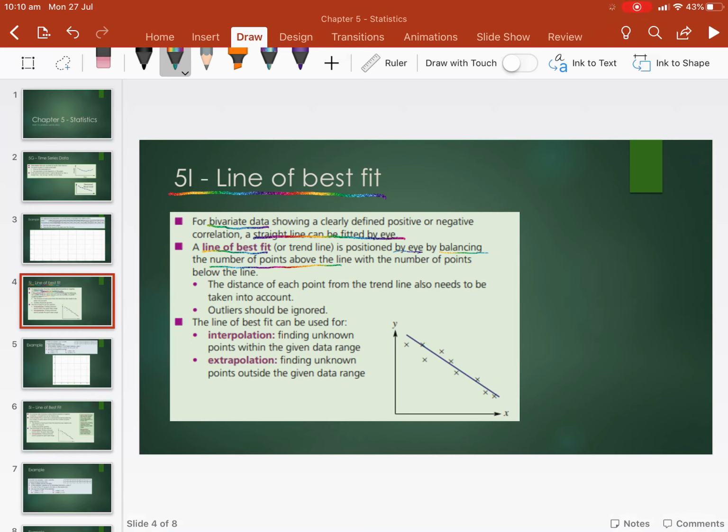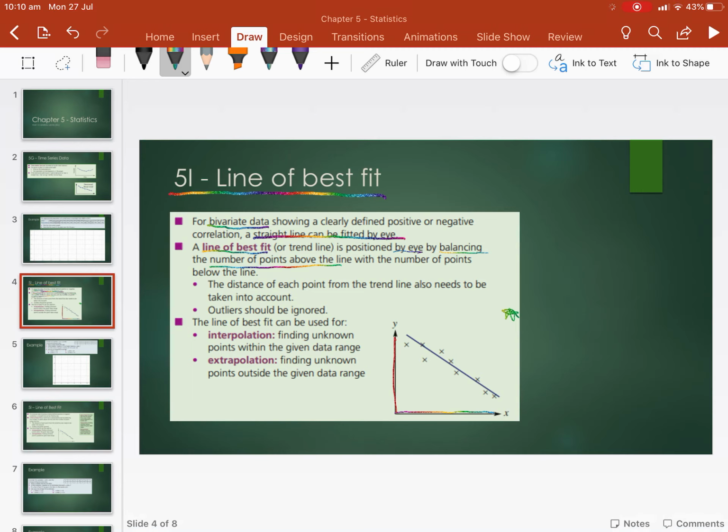So looking over here at this graph, okay, you've got your bivariate data because one variable is x and one variable is y, and you've got all your points, so these x's are all points. So what we're doing is fitting a straight line onto our graph, and we need to make sure that the number of points is the same on the top and the same on the bottom.